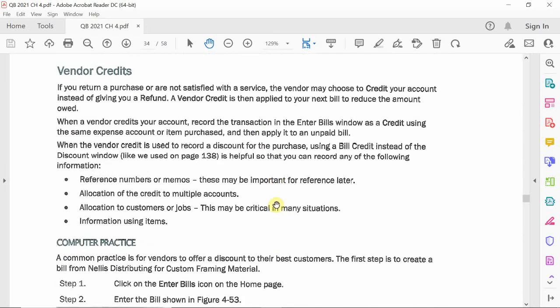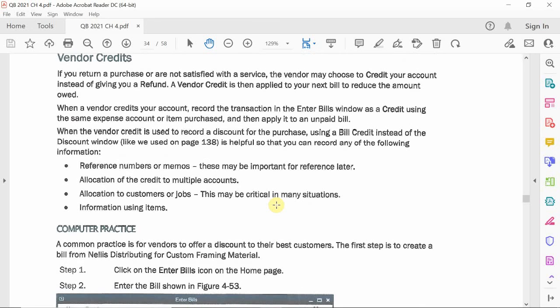When you contact the vendor and request this refund or this credit, you're going to receive the refund either by them readjusting your bill payment, or by giving you a credit.